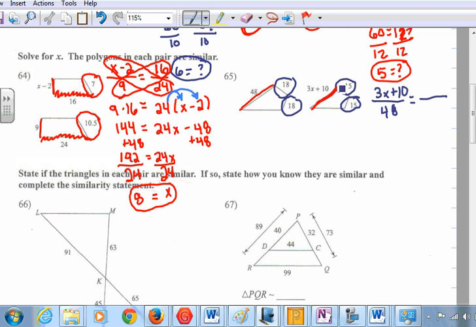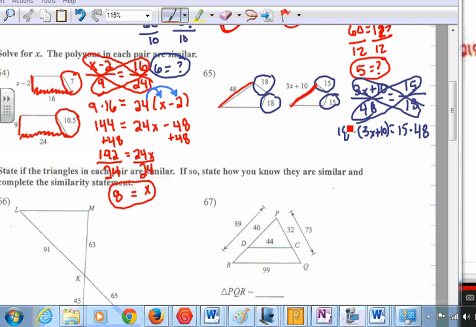So we've got to go back to the 3x plus 10 figure, put that on top, so that's a 15. So we're going to put 15 over 18. So now we're going to cross multiply, obviously. So 15 times 48 is going to equal 18 times the quantity 3x plus 10. So now we have to distribute.